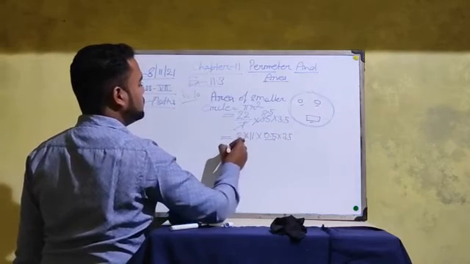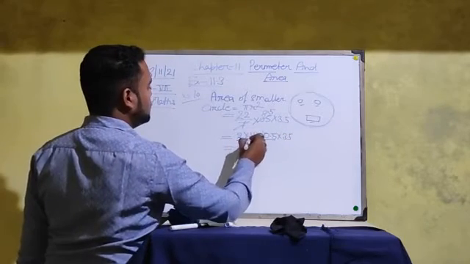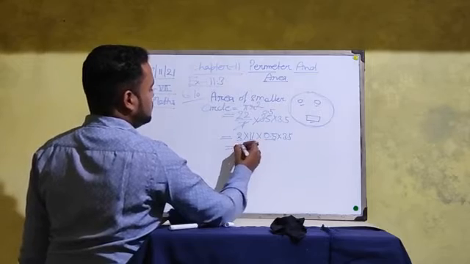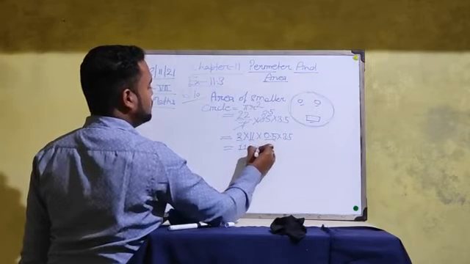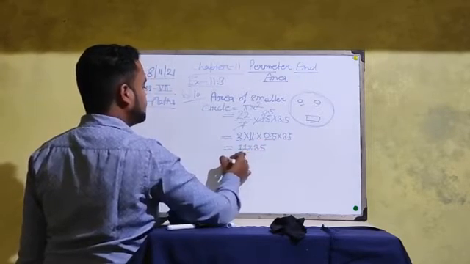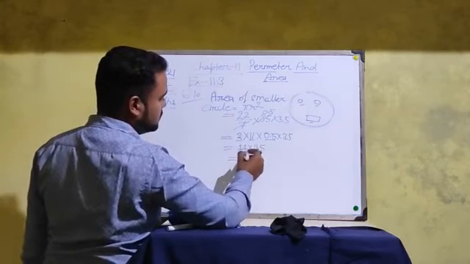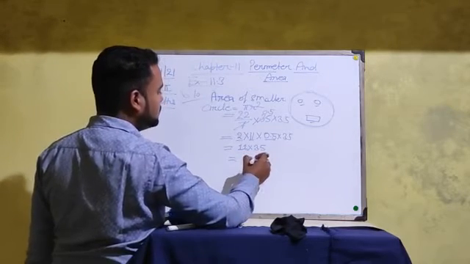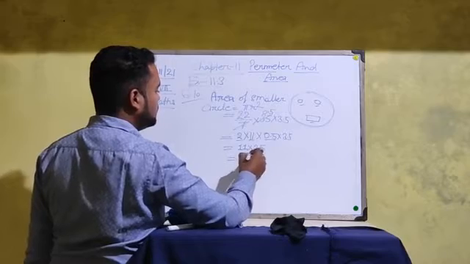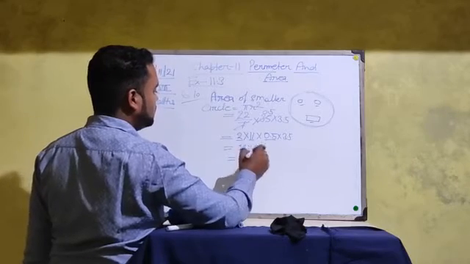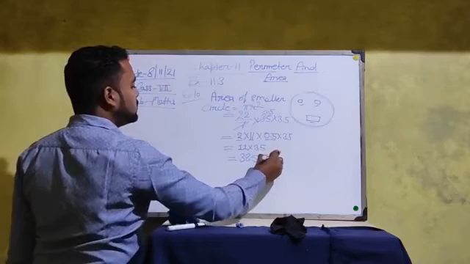This 0.5 into 2 becomes 1, and 11 into 3.5 becomes 38.5 centimeter square.